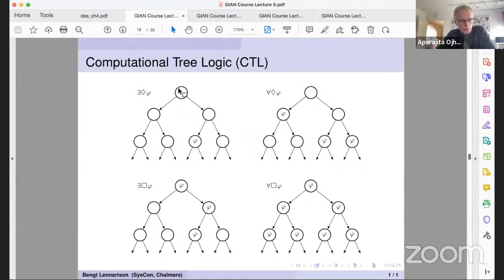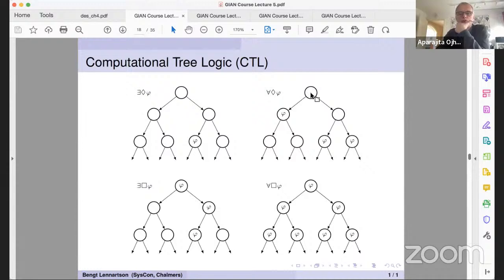And if you go to the different states here in the automaton, and you find, for instance, here that it's valid in every sequence, every part of the tree here, that you have always phi.